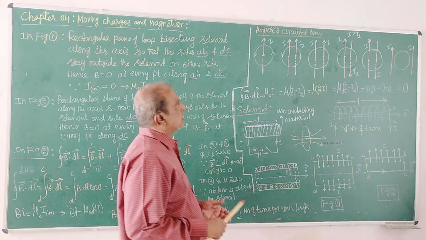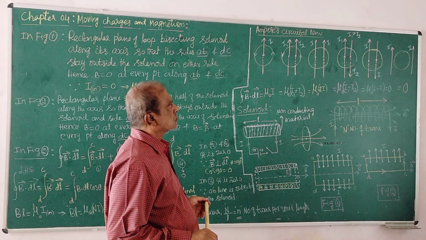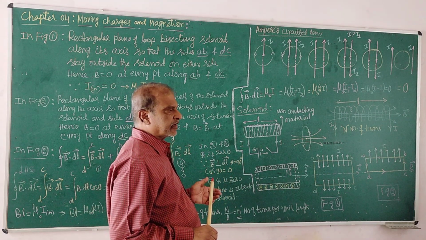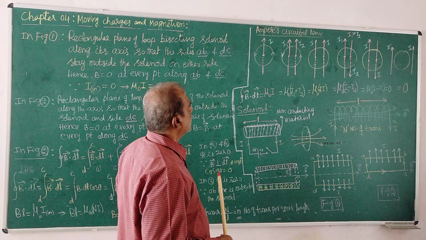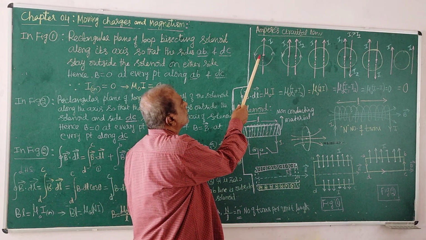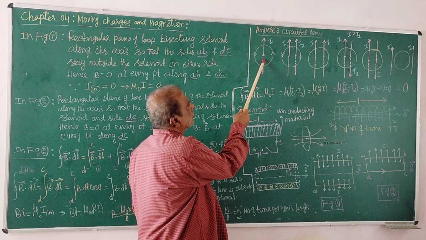Let us understand the different situations where the currents are in different amounts or different directions. Here the current is passing through the plane.